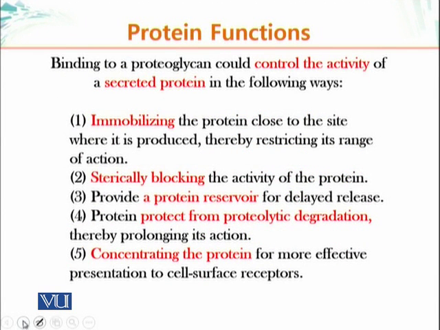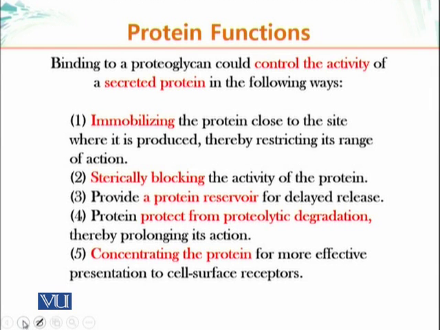So we are on the subject of proteoglycans, and we are talking about their activities other than the scaffolding function. Let's see these five different ways they can perform other functions. As I have talked about, they can immobilize proteins close to the site where they are produced, thereby restricting their range of action.